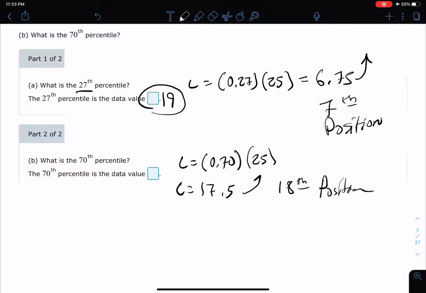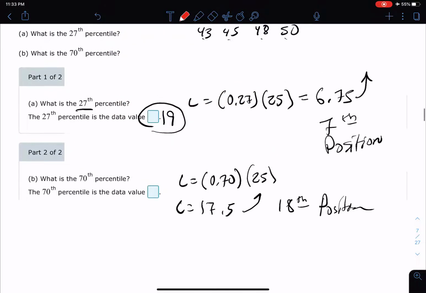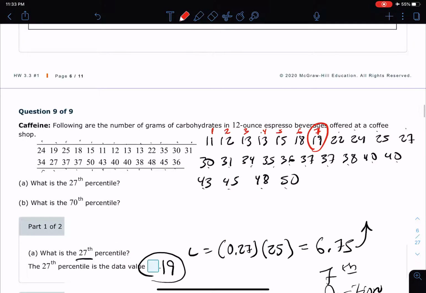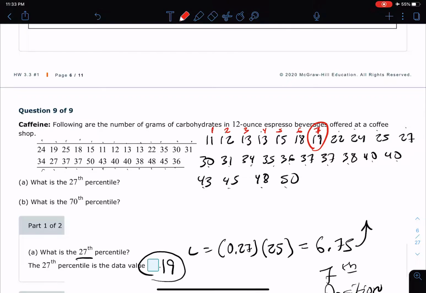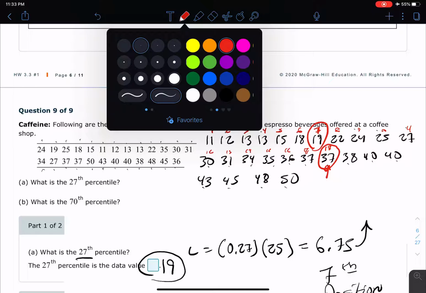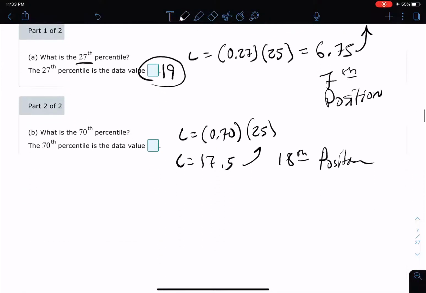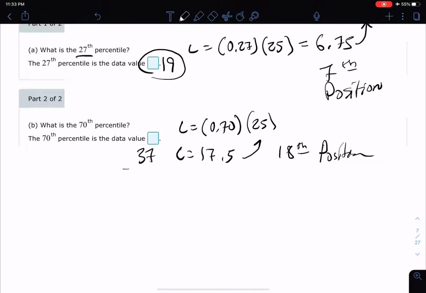So we go to the 18th position with our little red pen, counting up to 18. What is in the 18th position? Well, that is number 37. So 37 happens to be our 70th percentile.